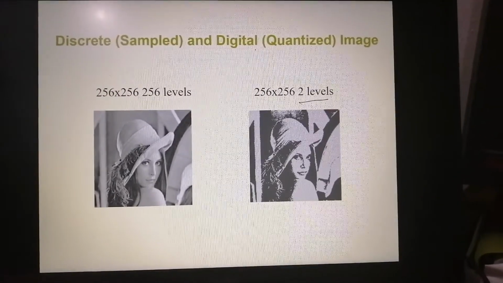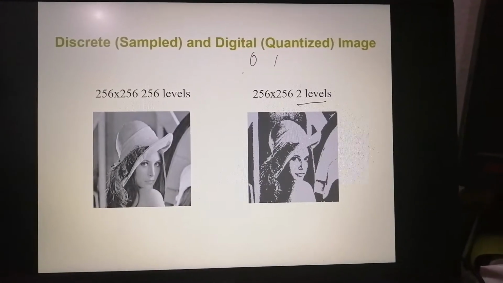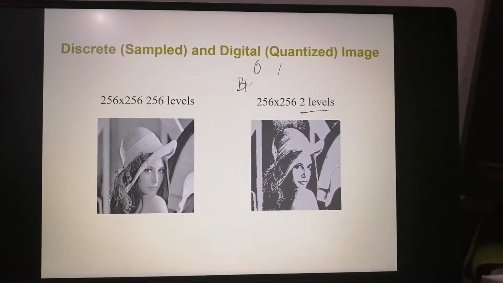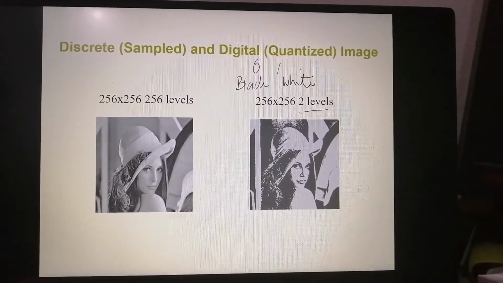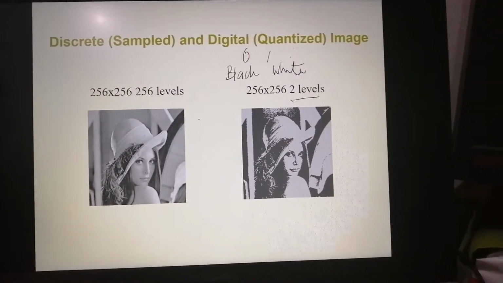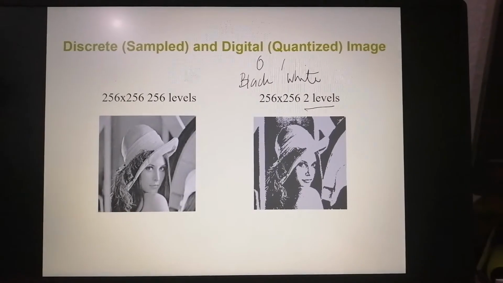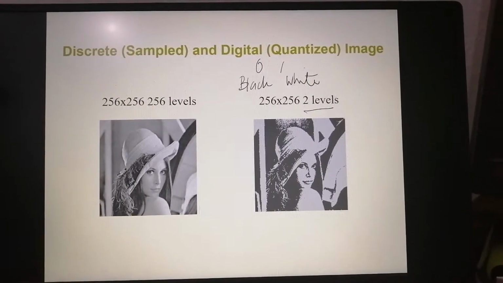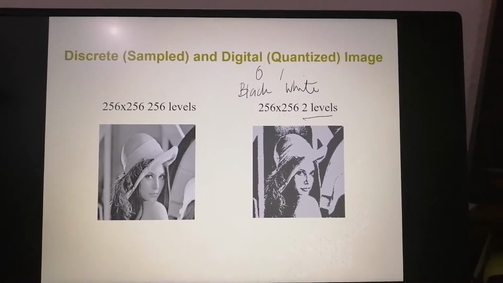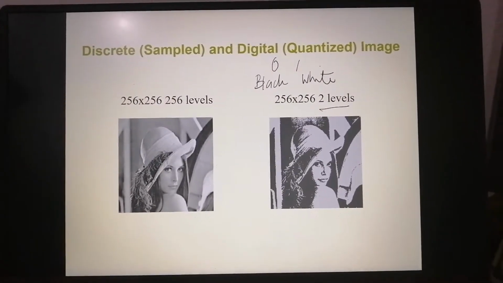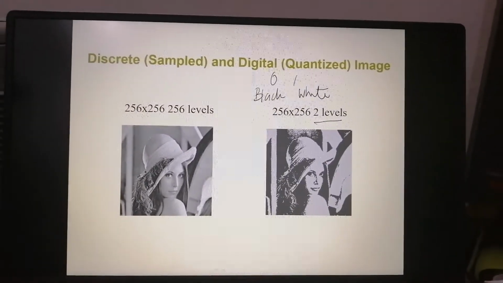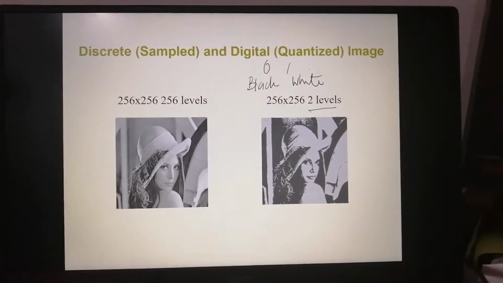So 2 levels ni maknanya kosong dengan 1. So 0 is black, and 1 is white. So tadi you remove levels and it removes some of the noise. Now you remove more levels, it reduces more of the signal itself lah. The intensity. Okay, but this is on image.